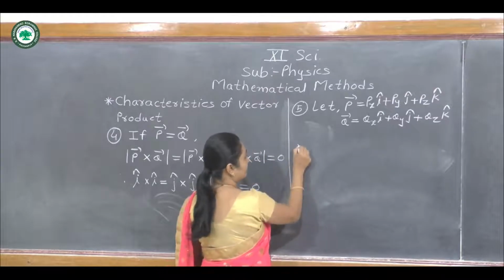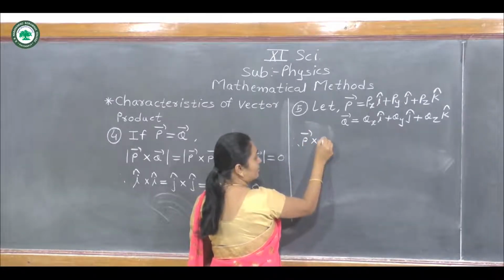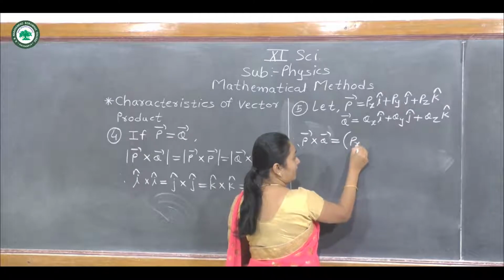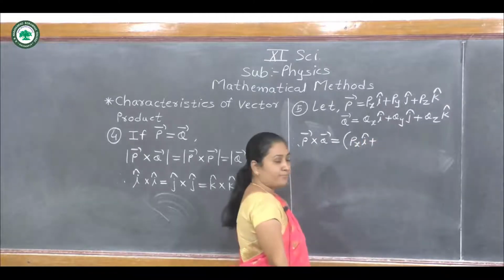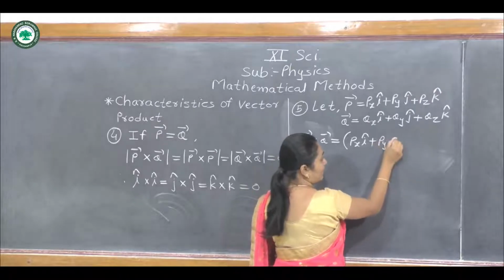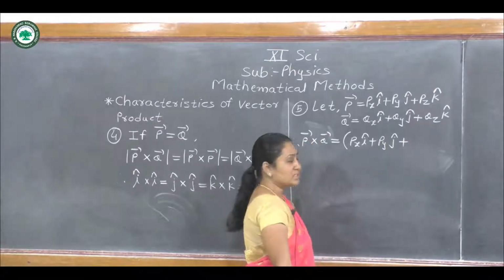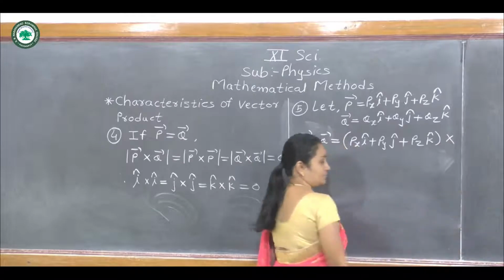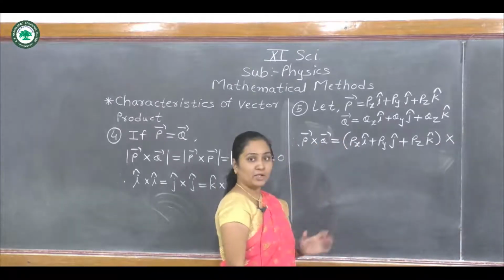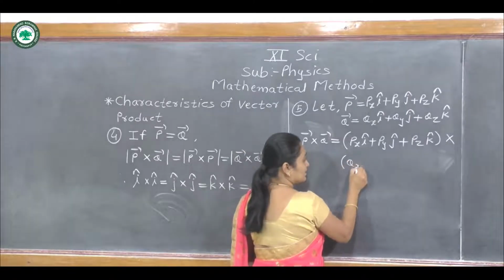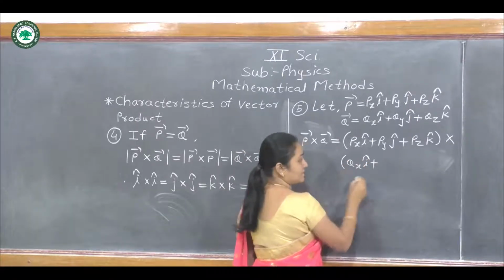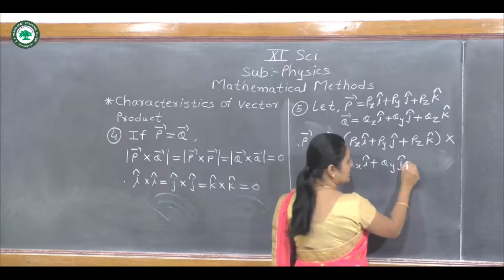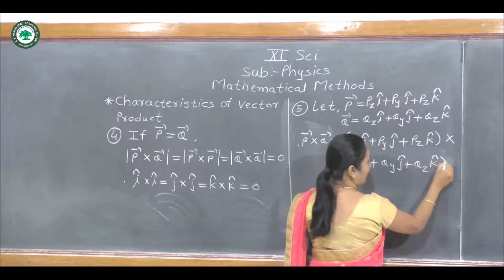Now we will find the vector product of these two vectors. Therefore p bar cross q bar is equal to px i cap plus py j cap plus pz k cap, cross, now we will write the vector q bar, qx i cap plus qy j cap plus qz k cap.